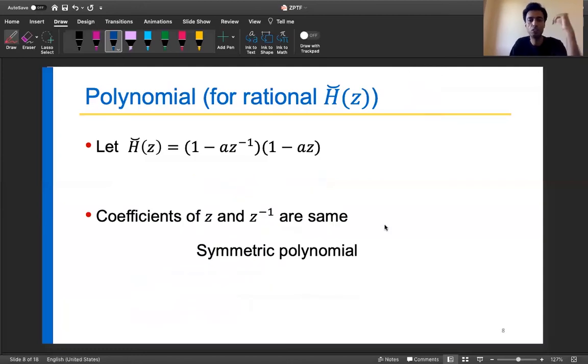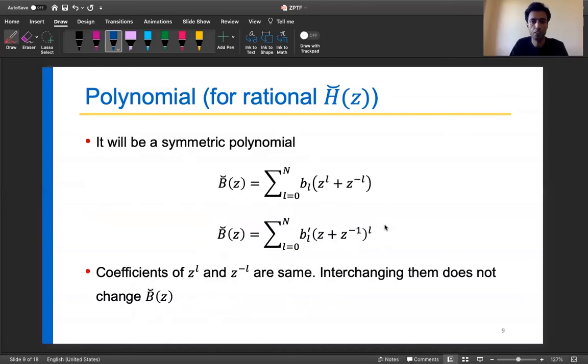And I explicitly state it now. The coefficients of Z and Z inverse are same. And these kinds of polynomials are called symmetric polynomials. Symmetric means you make Z inverse or Z, they have same coefficients. We denote it with a B hook, let's say, and B hook will be of this form.